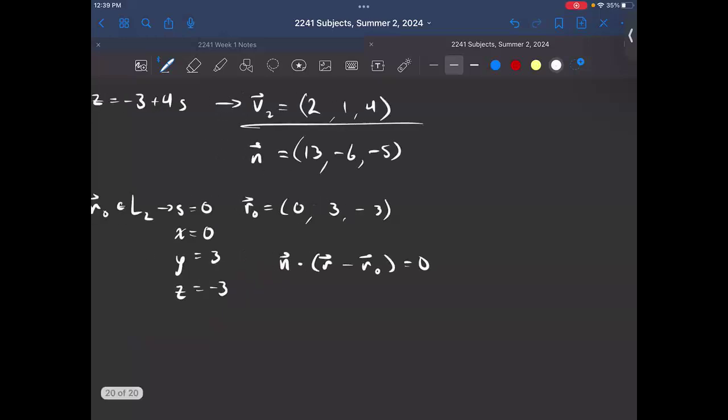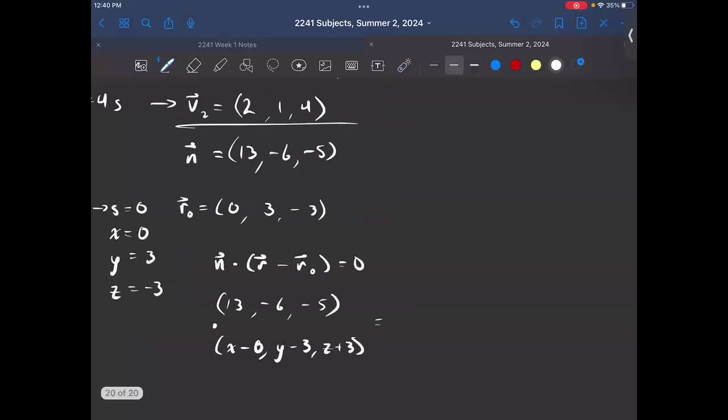So if I dot these two things together, we have 13, minus 6, minus 5 dot with x minus 0, y minus 3, and z plus 3.